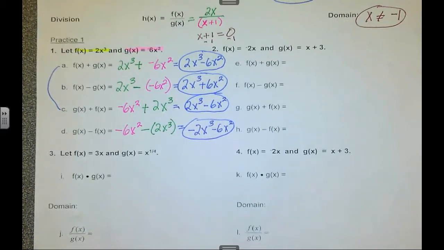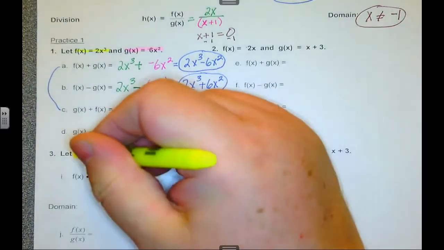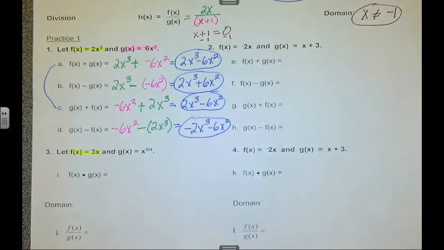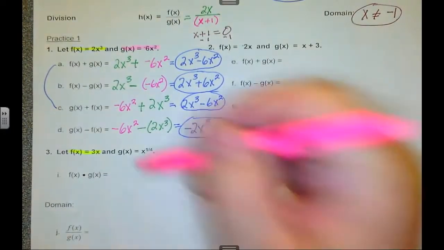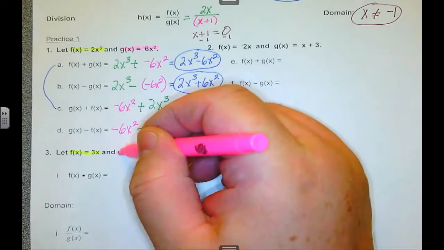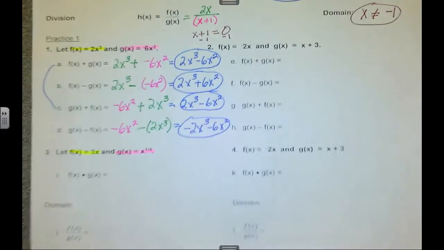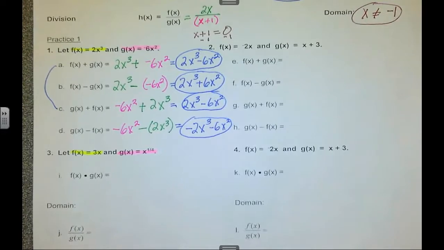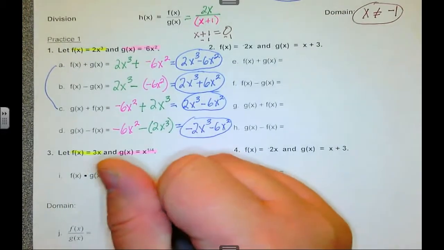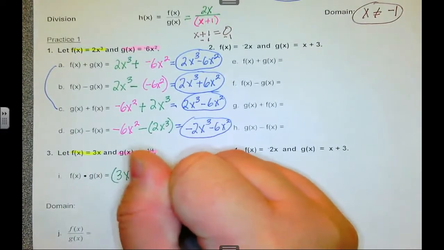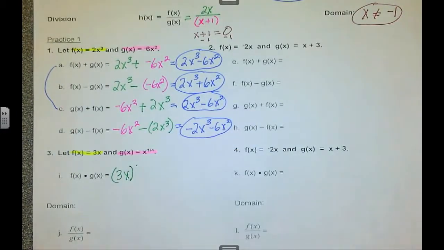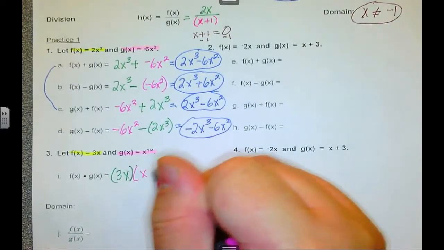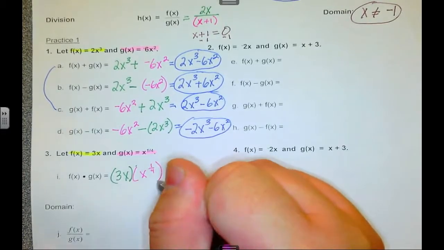All right, number 3. F of x is 3x. The g of x is x to the quarter. So the f of x equals 3x. I'm going to multiply to the g of x, which is x to the 1/4.